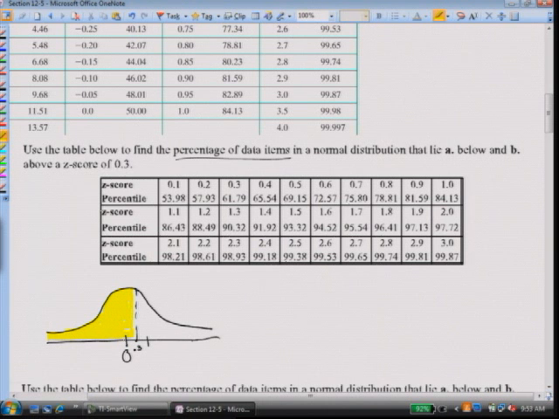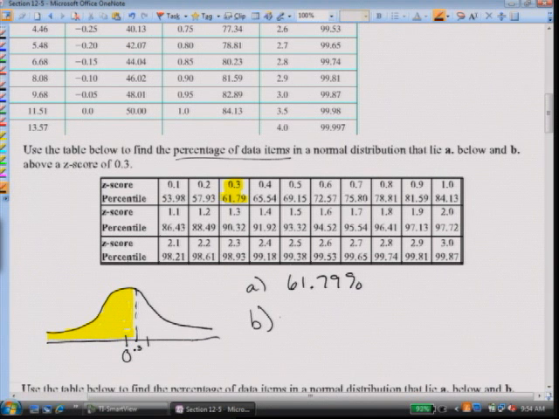So if you look at your table and go to 0.3, you will see 61.79 is the percentile or percentage of data to the left of 0.3. So 61.79% is the amount of the curve that is below, to the left of 0.3.